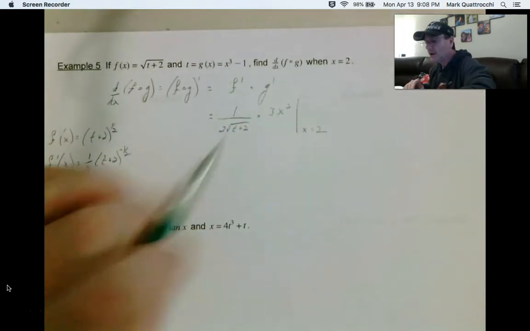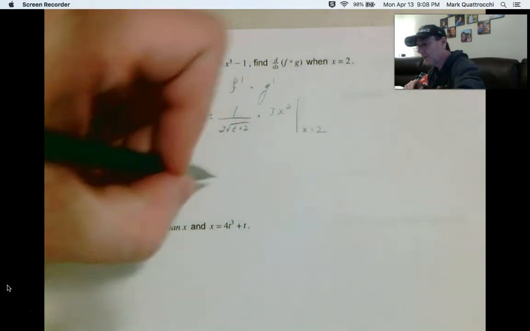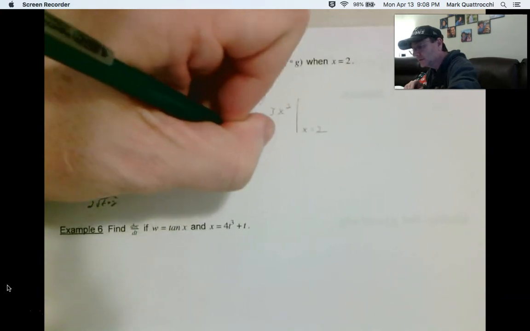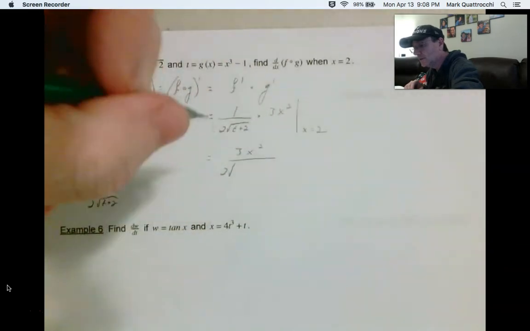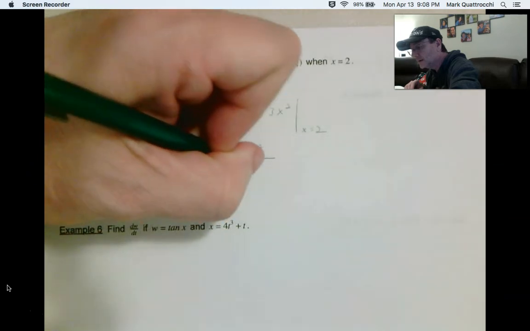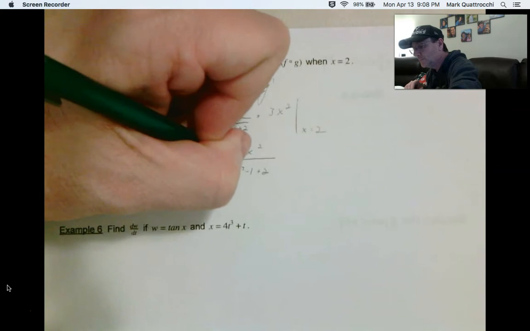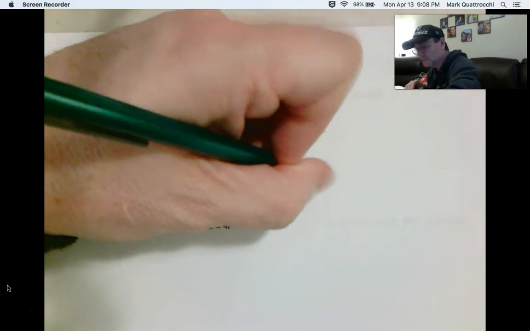Keeping in mind that we know what t is equal to. t is equal to x cubed minus 1. So, one more time. 3x squared over 2 square root of x cubed minus 1 plus 2, evaluated at x equals 2.